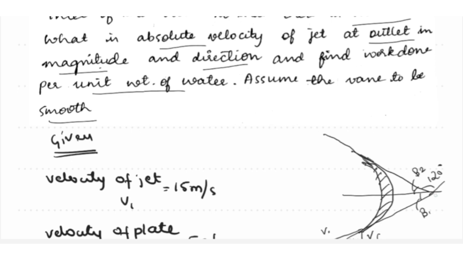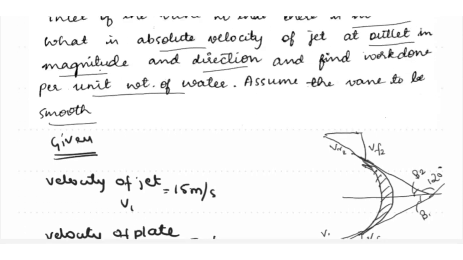As I said here, whatever line we draw on this vane angle line is always relative velocity. So at the outlet, it is VR2. Now we will draw this. So this is VF2 and this angle will be equal to beta 2.